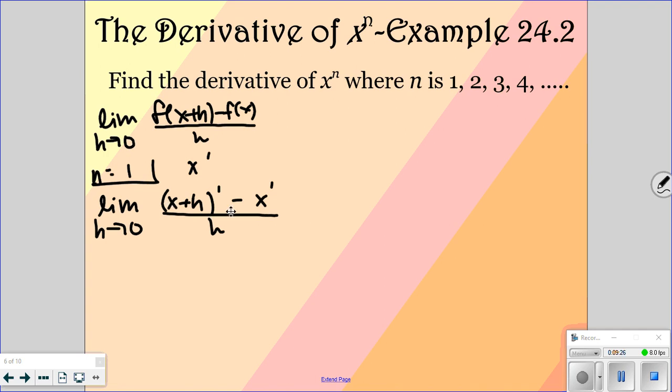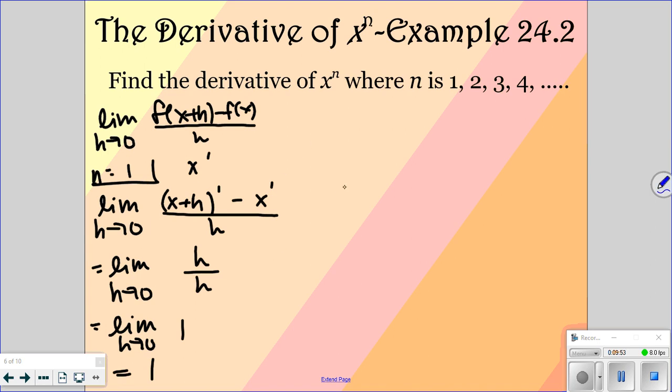So x minus x would cancel. So we're left with h over h, which is just a 1. And so the limit, when we plug in a 0 for h, well, there's no 0. We're just left with a 1. Okay, so that would be for n equals 1.